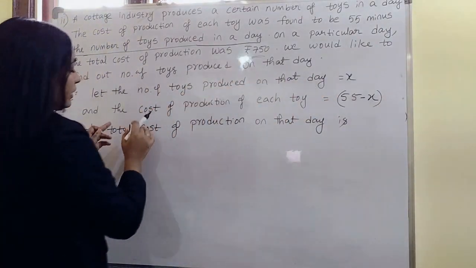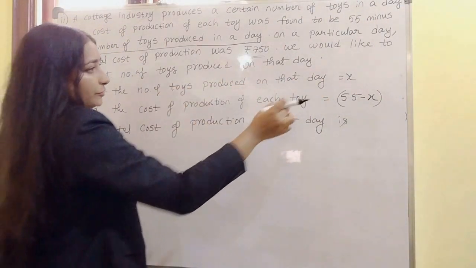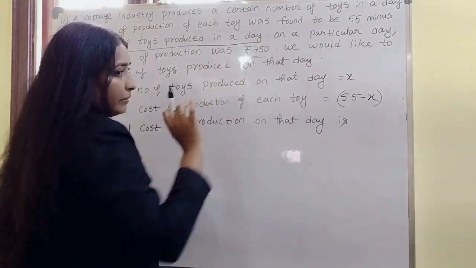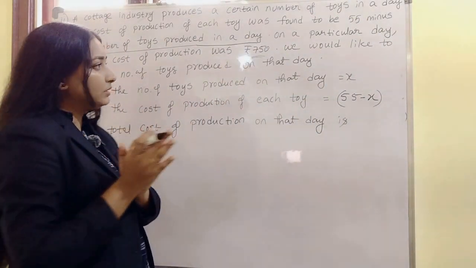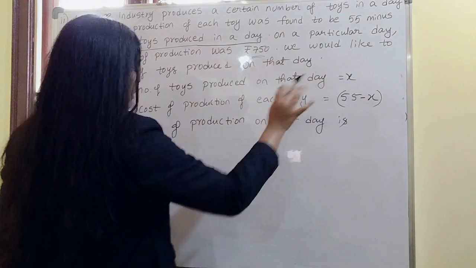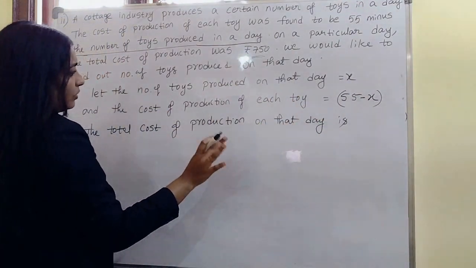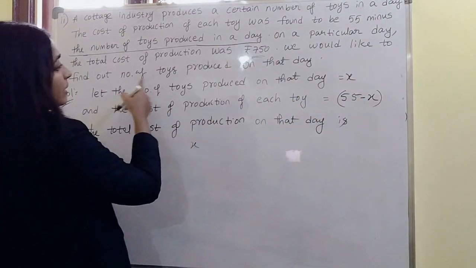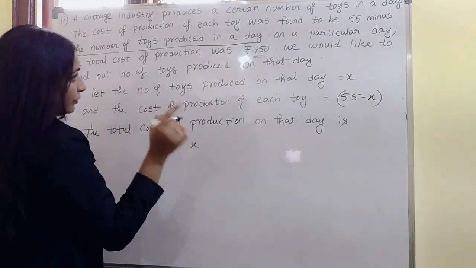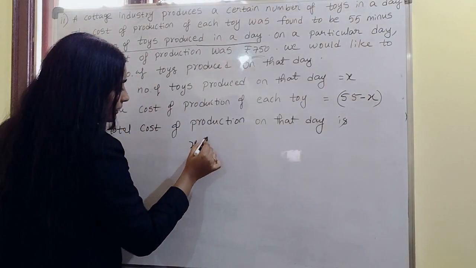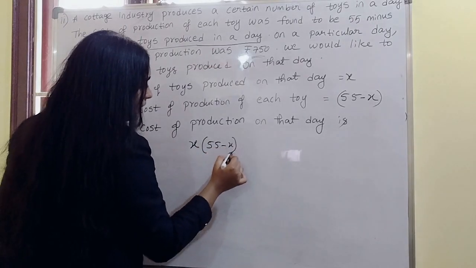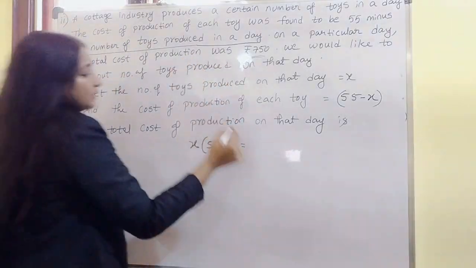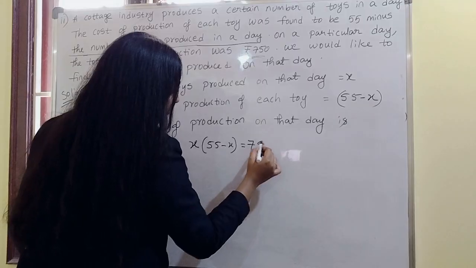X. And what is the cost of each toy? 55 minus X. Then what would be the total cost of production? When we multiply this, we get the total cost of production. Total number of toys produced, that is X, multiplied by each toy cost, that is 55 minus X. He has given the value in rupees, so we equate it to 750.